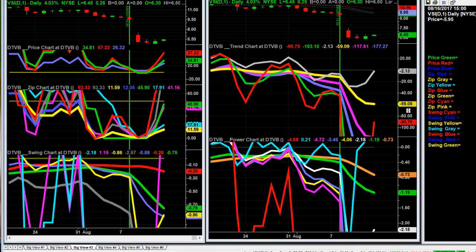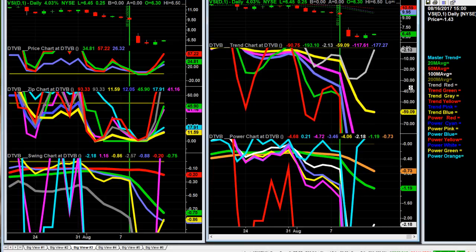The one thing that I'm going to go back and forth and explain is that typically when you're talking about location, for example, the location pattern of the power lines, the Zion is above power orange, and the power 4 is under power orange. All 5 of those lines are in a 2-day TOC lower pattern.